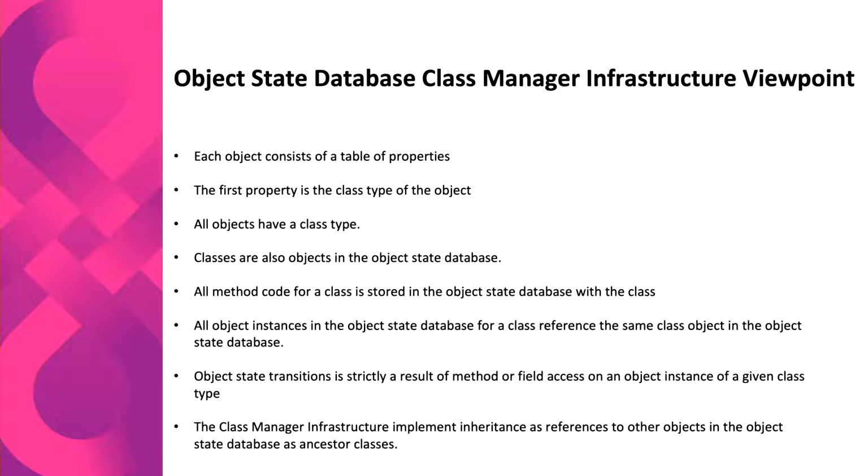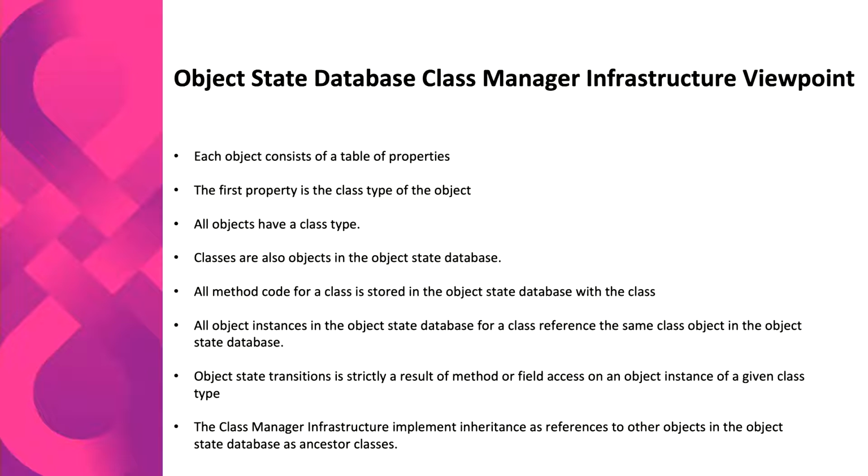Because the classes are objects in the state database and because they have the same secure hash unique IDs, the classes are maintained by the consensus algorithm without it knowing any difference between the classes, the objects, or anything like that.